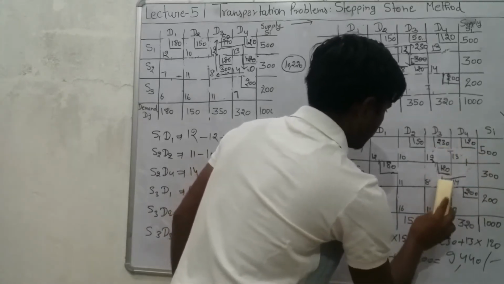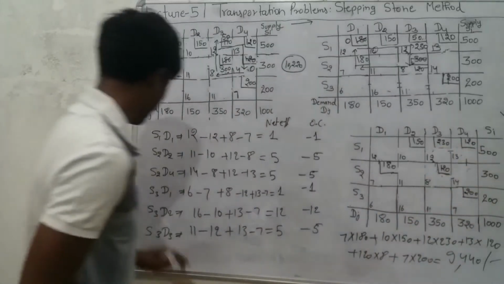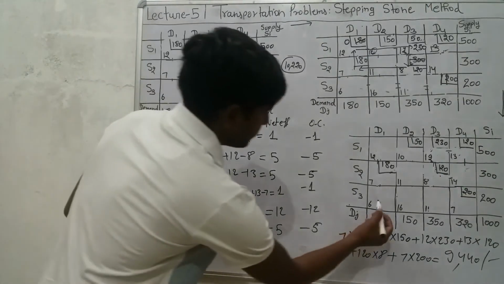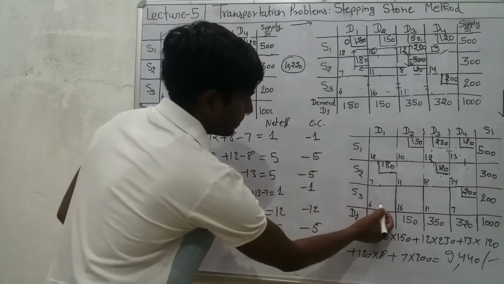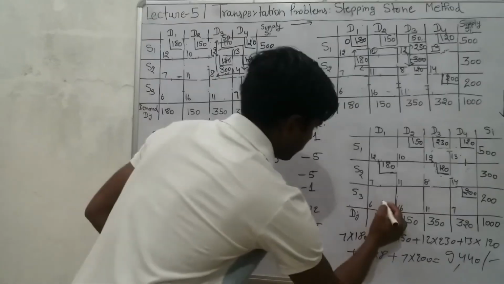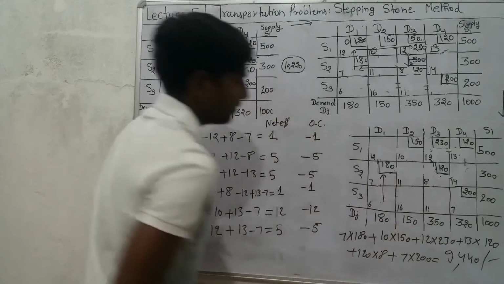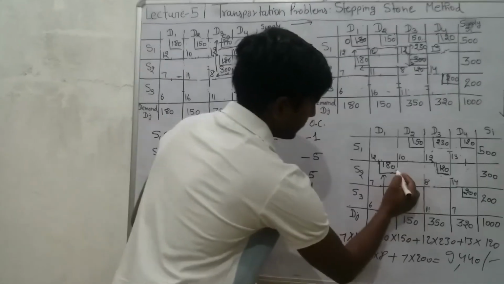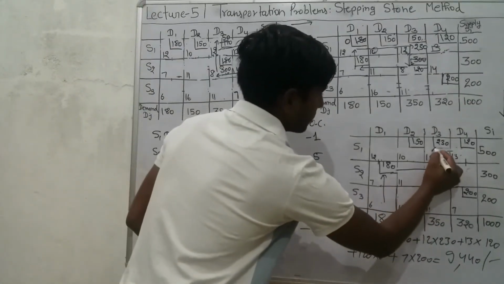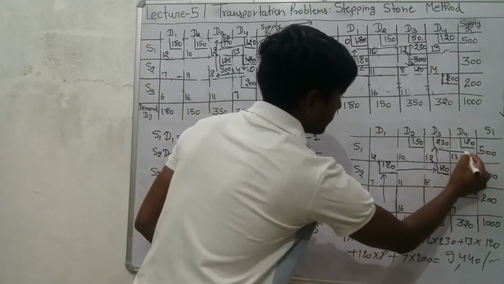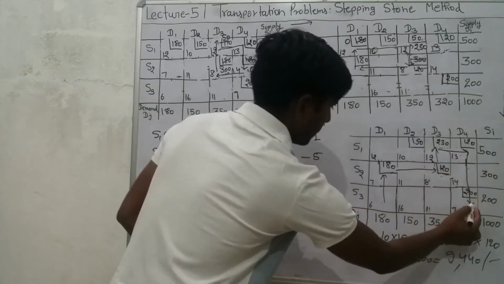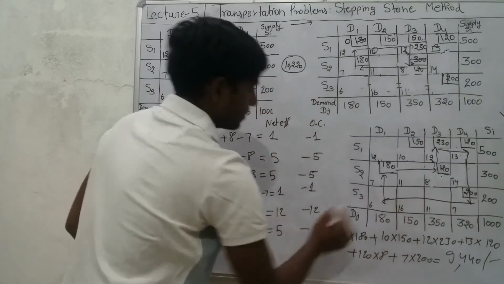In a similar manner, we are going to calculate the opportunity cost for next empty cell, that is S3D1. It means this one. So how are we going to calculate the opportunity cost? Go in this cell, take right 90 degree, go to this cell, and go from here to here, and come down to this cell and come back to the starting point.